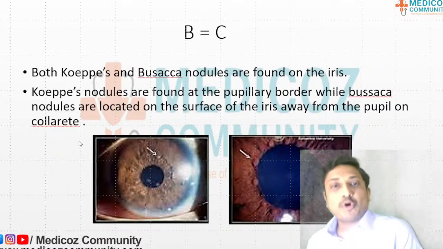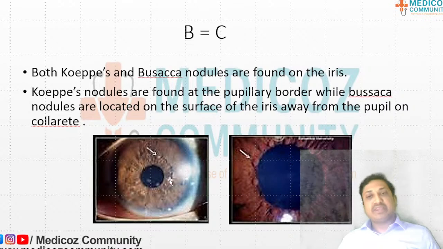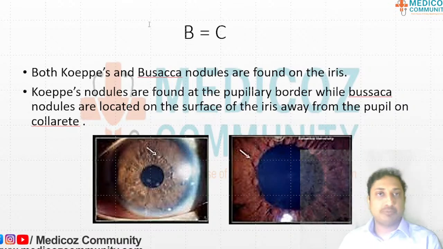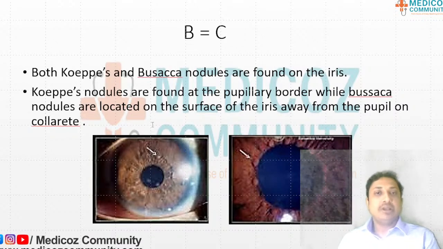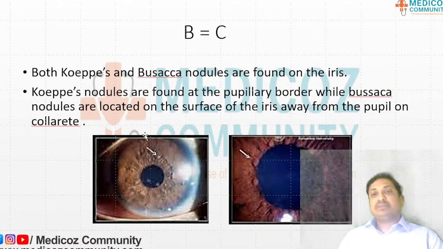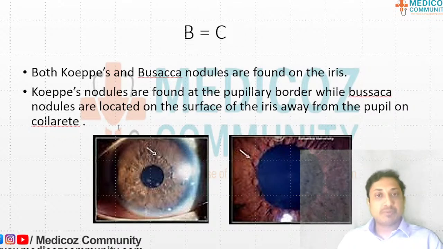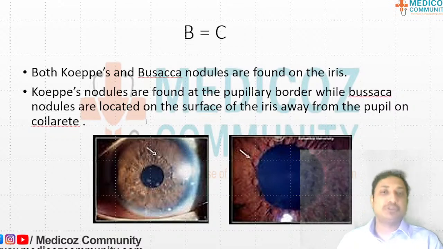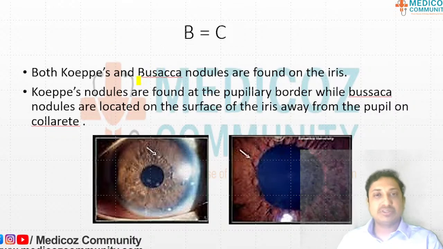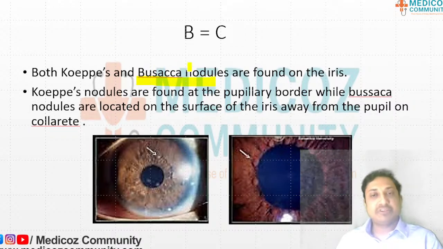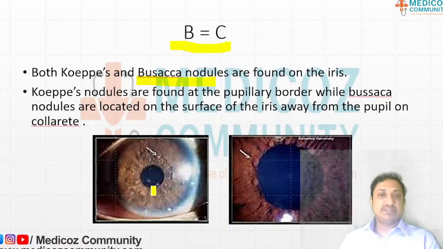What is very important to remember here is they can give you a picture based question also based on Koeppe nodules or Busacca nodules. See, students, it is very important to remember mnemonics, but if you remember mnemonics for both the things, Koeppe nodules and Busacca nodules, you will eventually end up confusing both. So my advice is to remember only one mnemonic, which is for Busacca nodules, which is B is equal to C. See, these are the Busacca nodules.